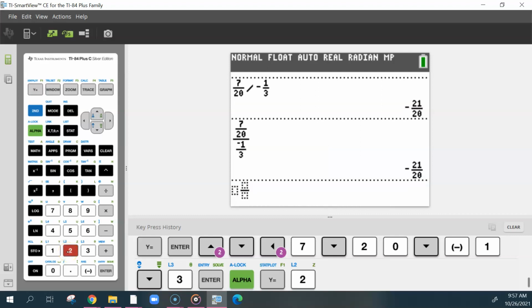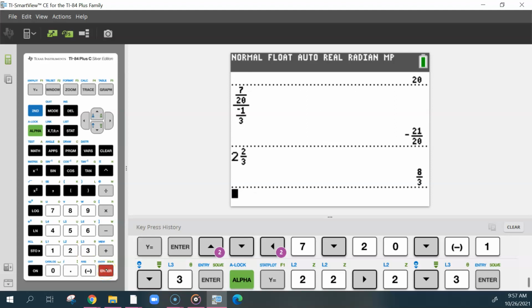So the second one will give you mixed fractions. So if you put in like 2 2/3, oh wait. It will give you the improper fraction. I just hit enter and it did that for me. So that's a nice feature that your calculator has.